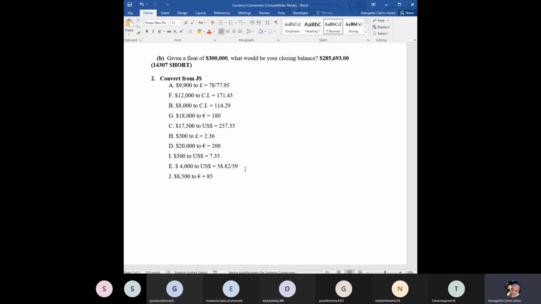Once you remember the principle, it should be fine. To convert to Jamaican dollars, you use the selling rate and you multiply. To convert from Jamaican dollars, you use the buying rate and you divide. Remember that and you're good to go.